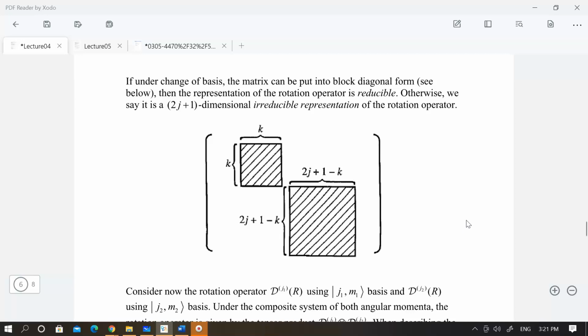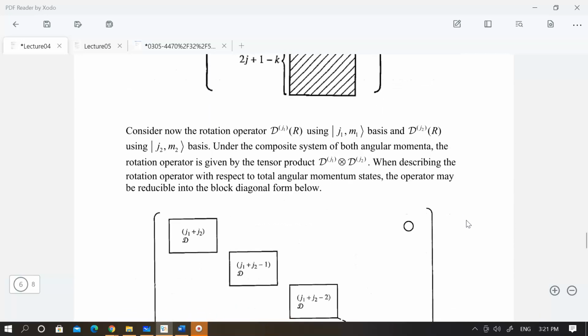Okay, so this happens, for example, when you take a composite rotation operator, one acting on a particular basis |J1 M1>, and the other one acting on another set of bases |J2 M2>. So J1 M1 will form a sub-Hilbert space, and J2 M2 will form another sub-Hilbert space. The whole space will be spanned by the tensor product of the two, but this is in the uncoupled representation.